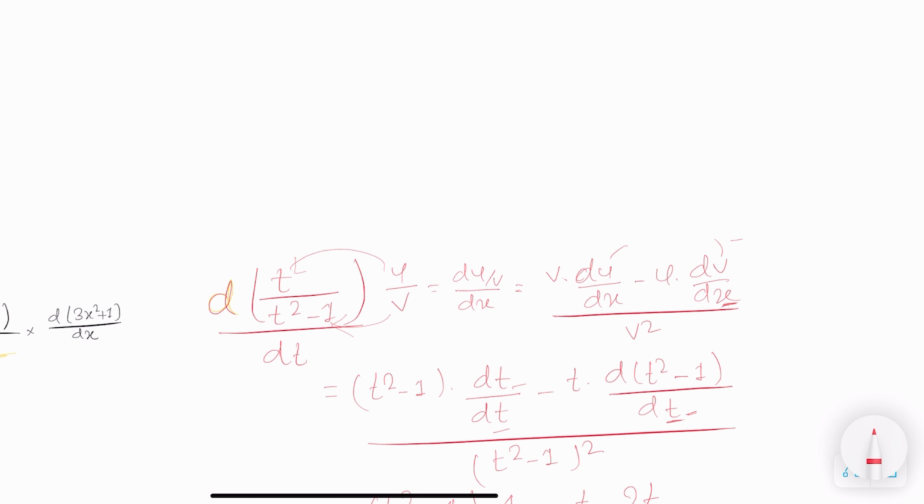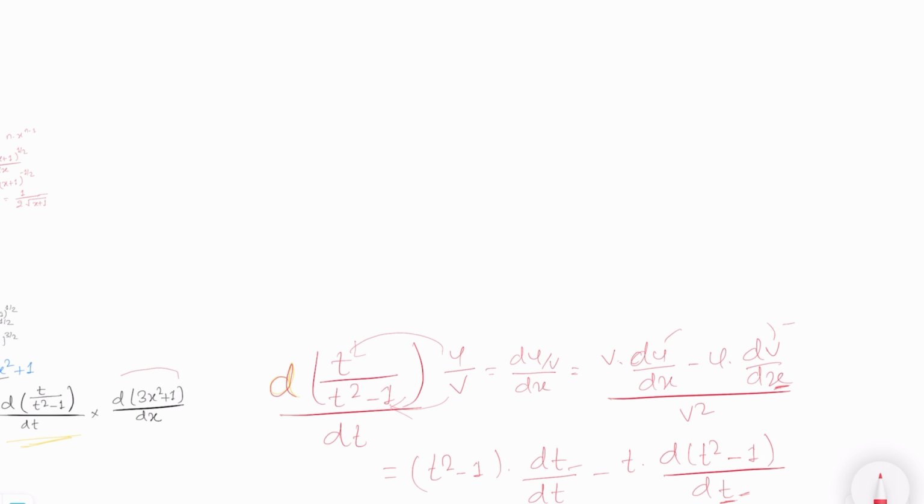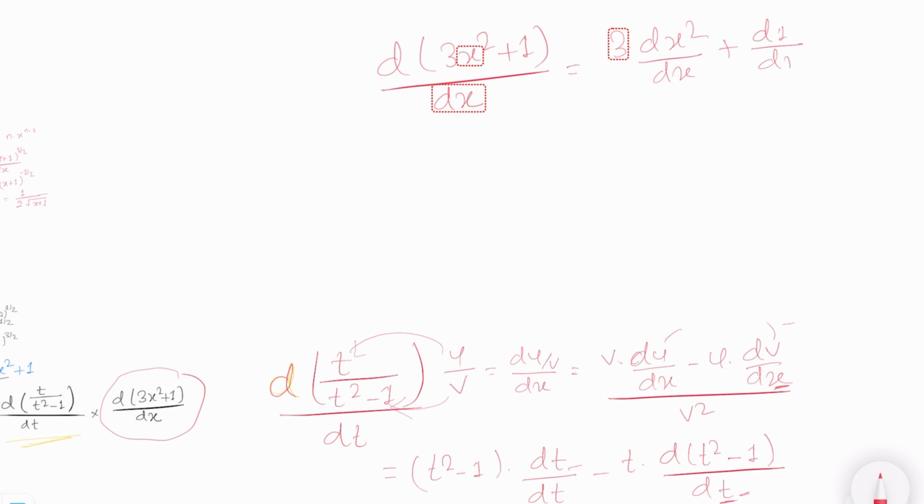So this one is the derivative of the first part. Now we will do the derivative of the second part. The second part is the derivative of 3x square plus 1 with respect to x. So the derivative of this portion is going to be 3 times the derivative of x square, plus the derivative of 1, and we know that the derivative of a constant is 0.